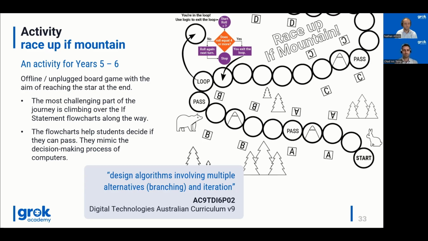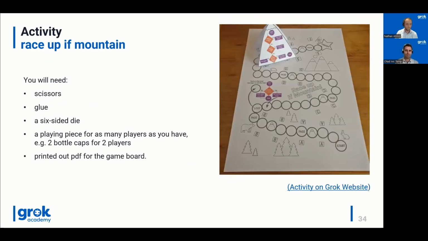So we'll just go to the next slide, and just before we go off to the Grok website, there's the things that you need on the left. I have printed out the PDF for the board game there, and I have the mountain in the E squares on the board.